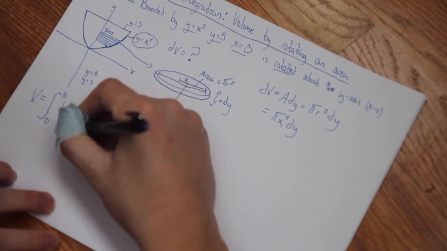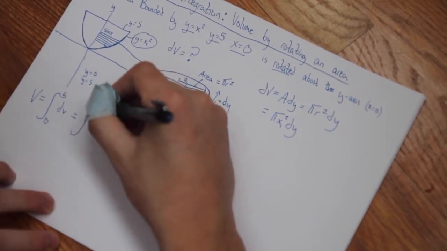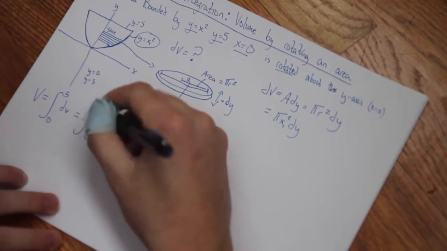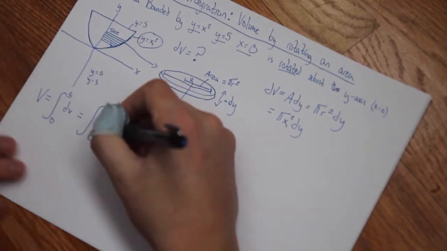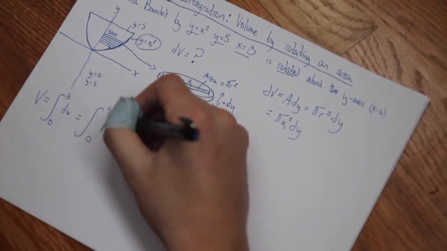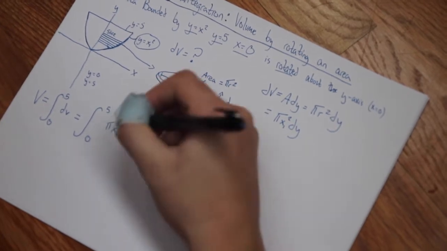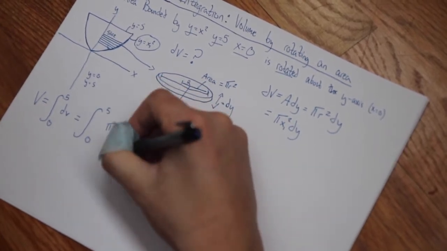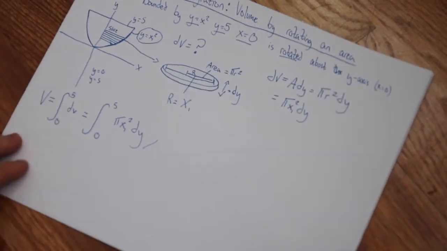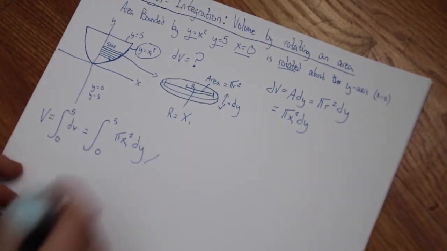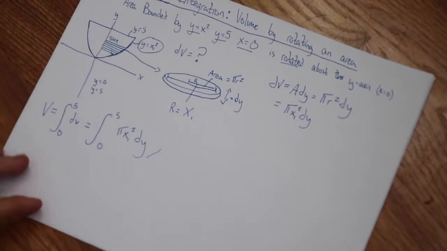Just watch me as I write this. We're then going to set that into an absolute value integral, where pi is going to be on the outside of our integral.